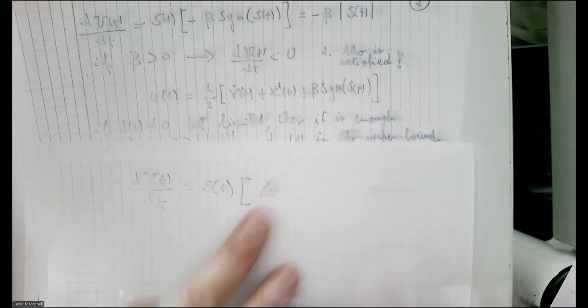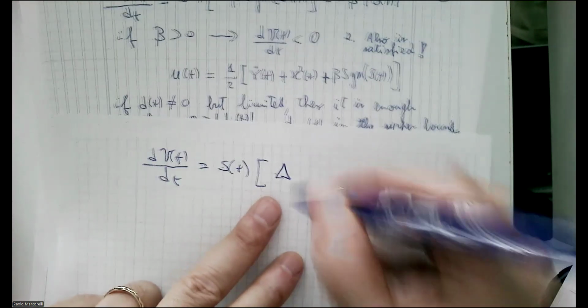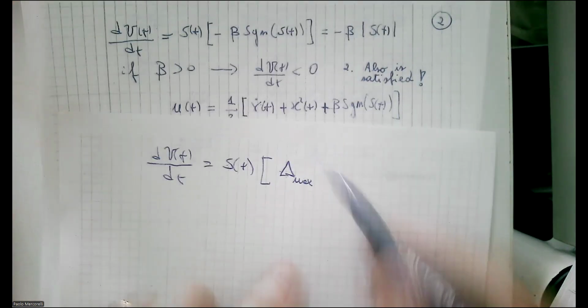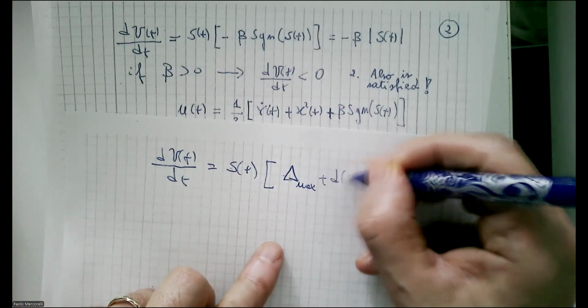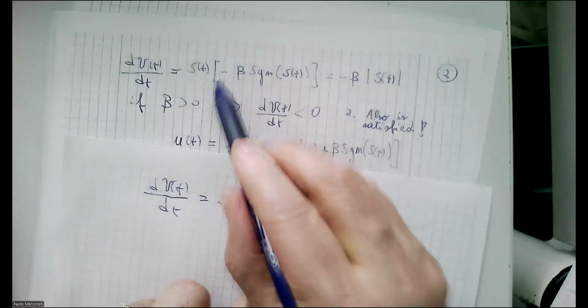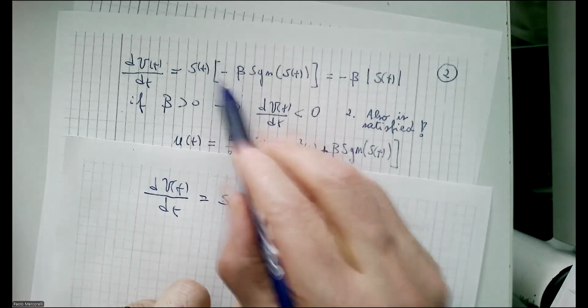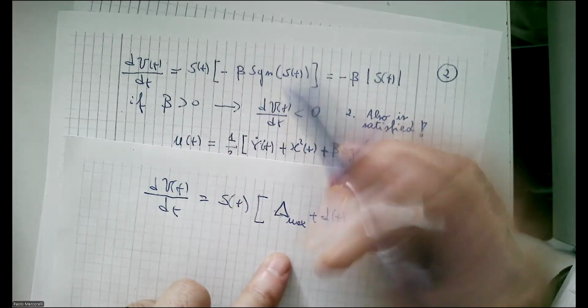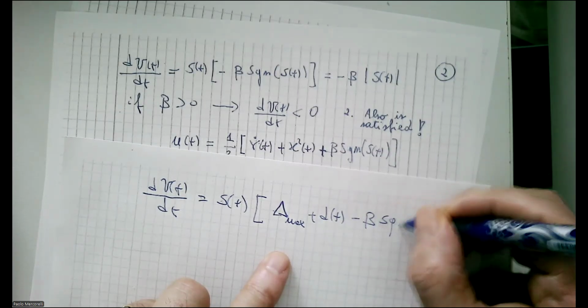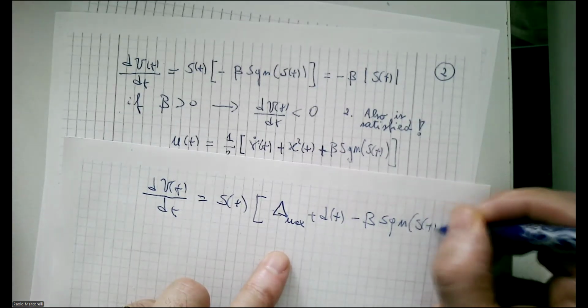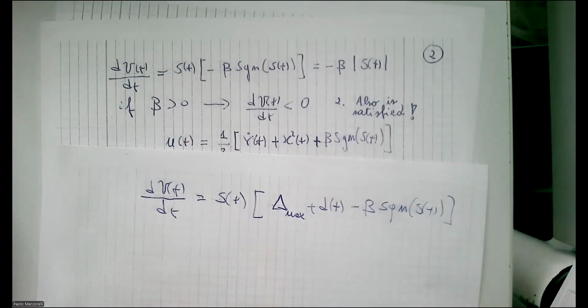This means we can consider delta. Do you remember this concept of delta max, which is the maximal error in the cancellation, plus d of t, which remains here? I told you this is what remains after the cancellation. This is extremely important.